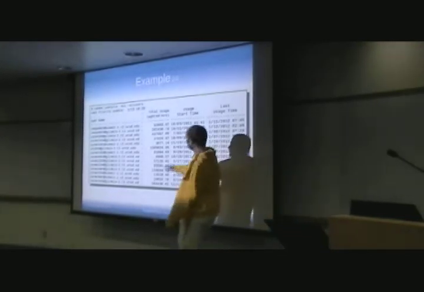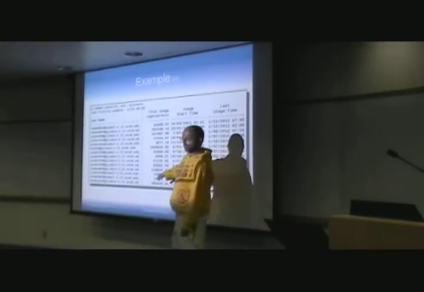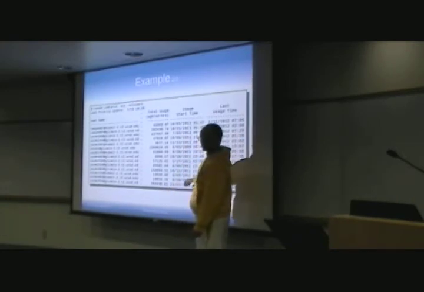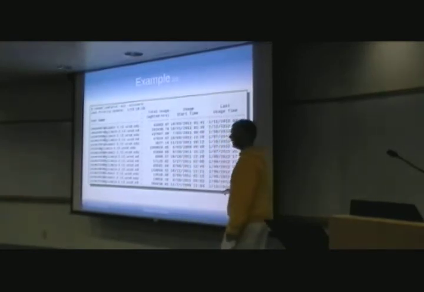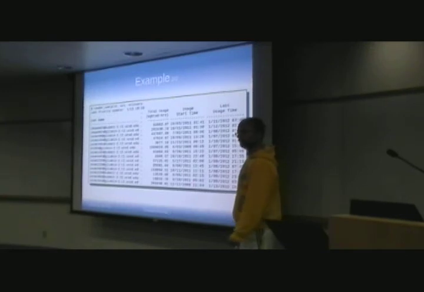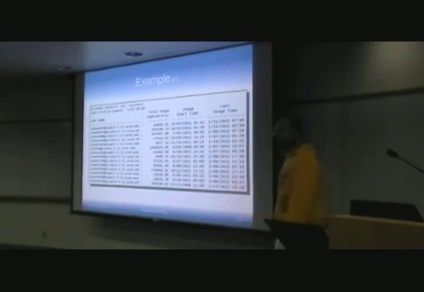How much it has used since the beginning of time. When is the beginning of time for that user, and when it was last seen. So you can actually filter out users that have not been active for years or days or months, whatever you're interested in.